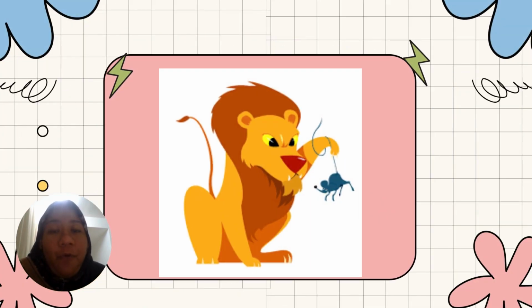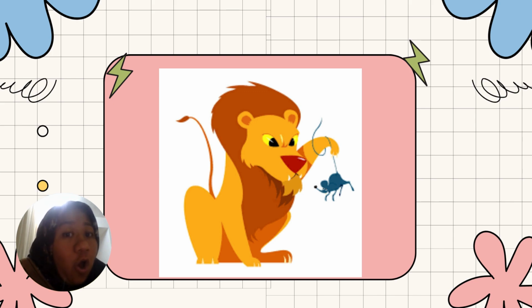Before I start with the story, let's start by introducing our main characters. First we have the lion. Usually, we know that he's the king of the jungle.